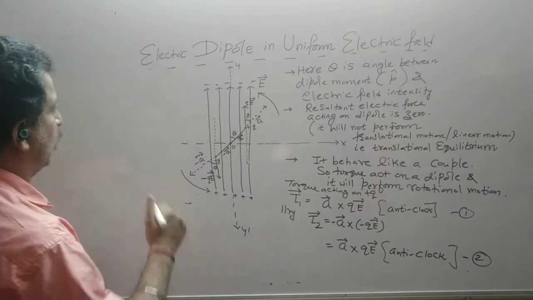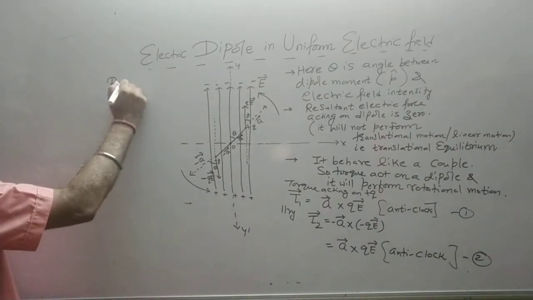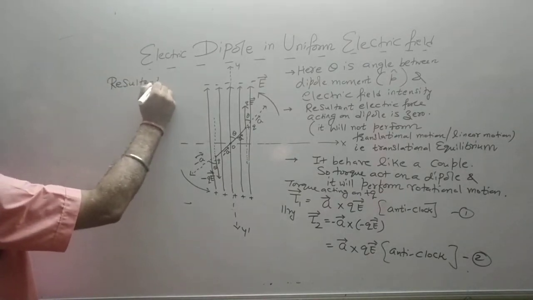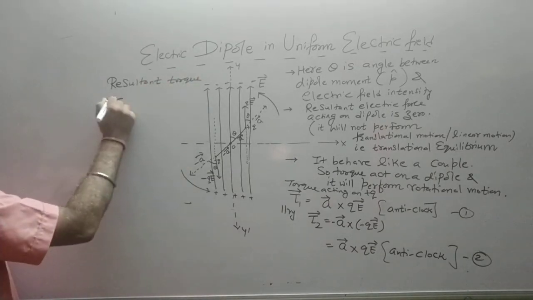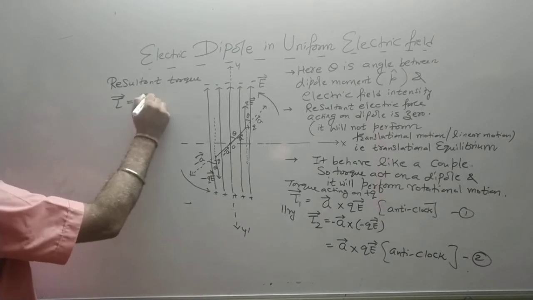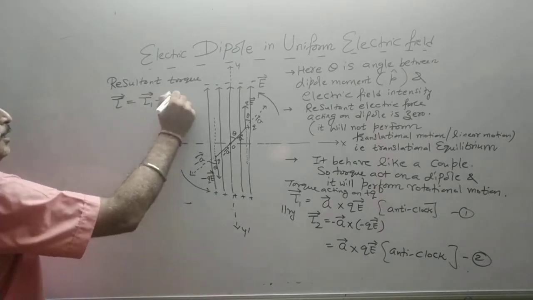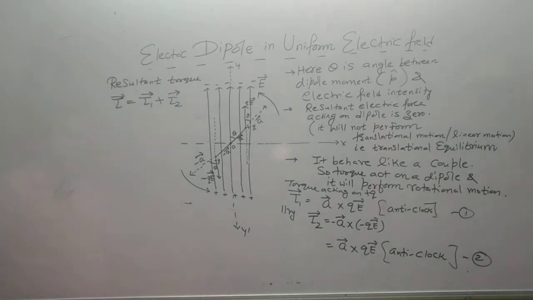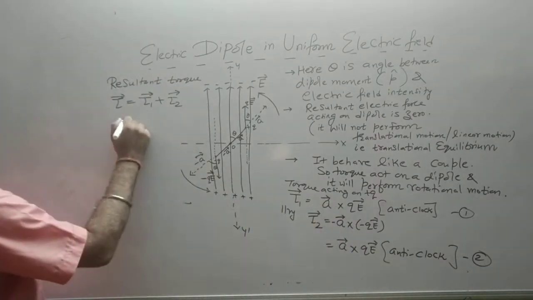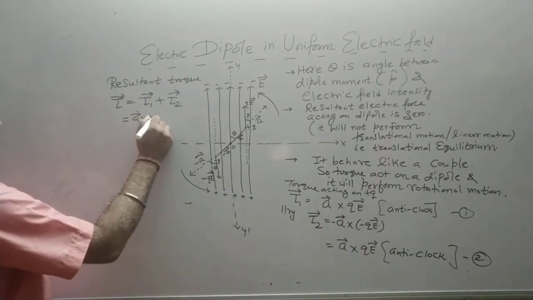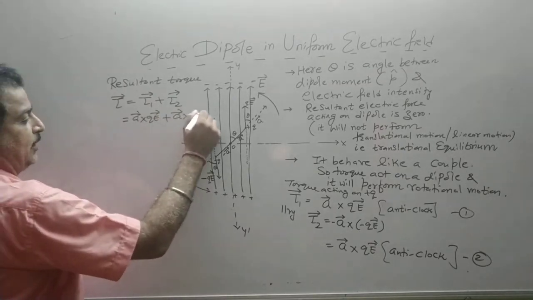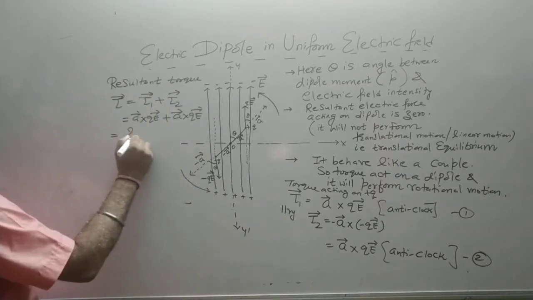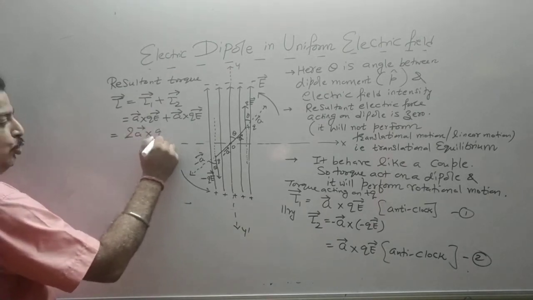Now the resultant torque tau is equal to tau 1 plus tau 2. Substituting these values, A cross QE vector plus A cross QE vector. So this is twice A QE vector.